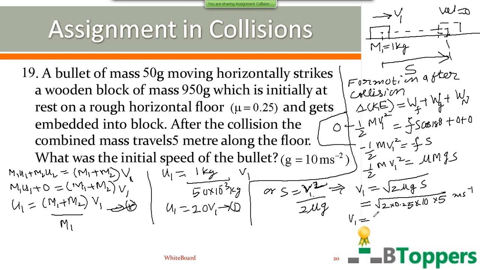You get V1 equal to 5 meter per second. You can substitute this value of V1 from the second equation into the first equation. If you want to copy the solution, you can take a pause and copy it. I'm coming back to the first equation. If you substitute value of V1 from the second equation into the first, you get U1 equal to 20 into 5 meter per second, or 100 meter per second. That's the answer.